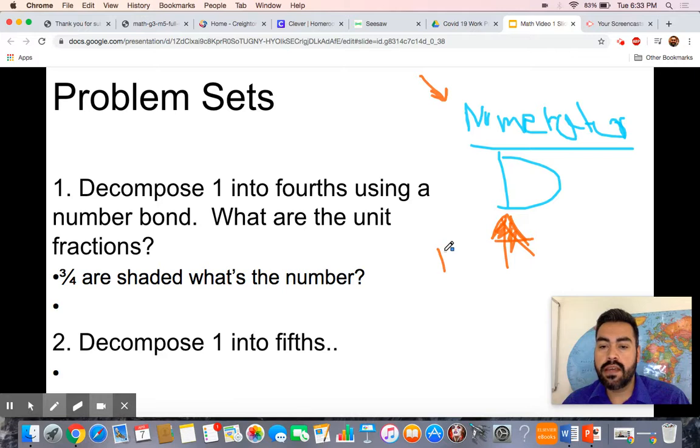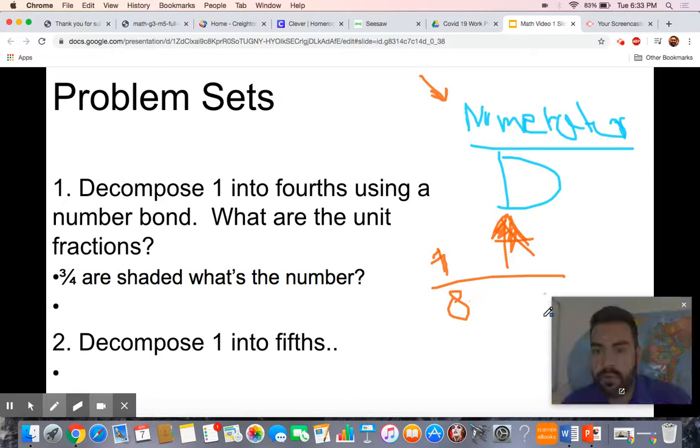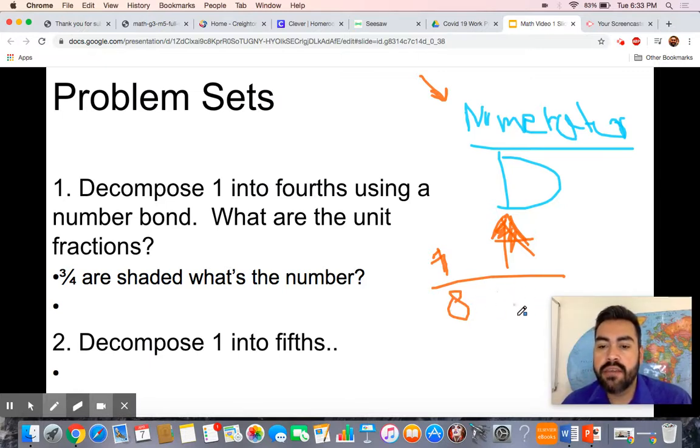So let's say that's a 7. 7/8. So my apple, whatever it is, my cookie, my pencil, my pizza has 8 slices. 7 of those got eaten.